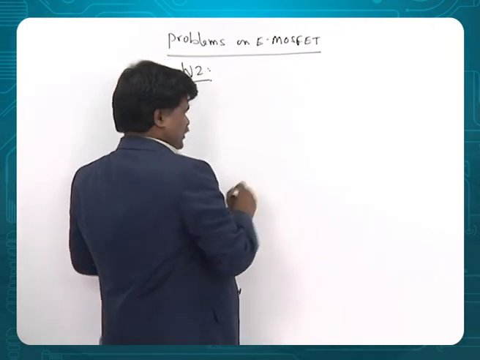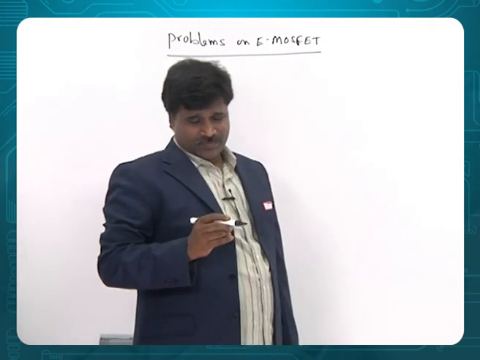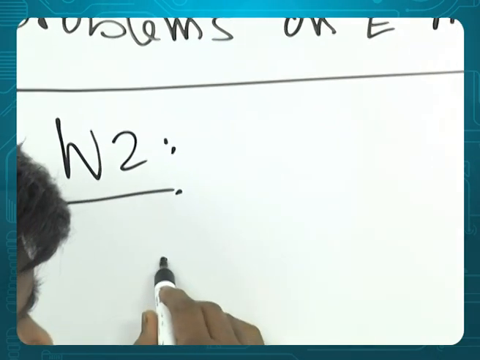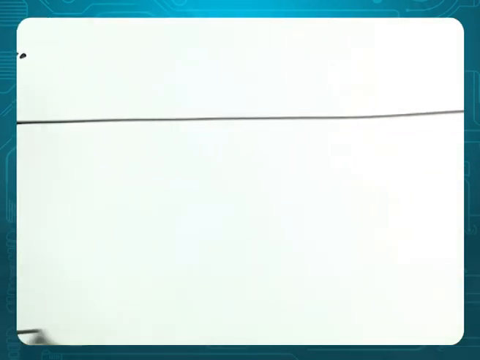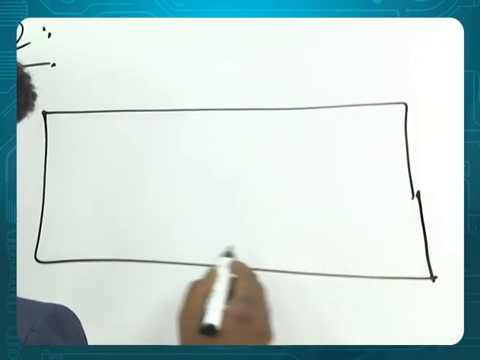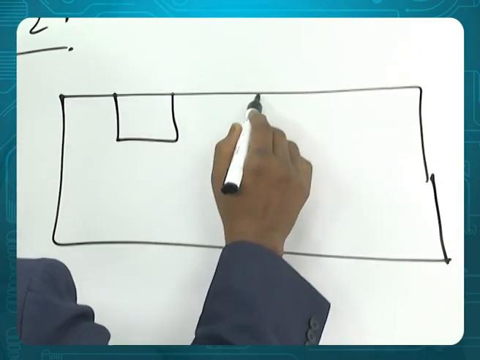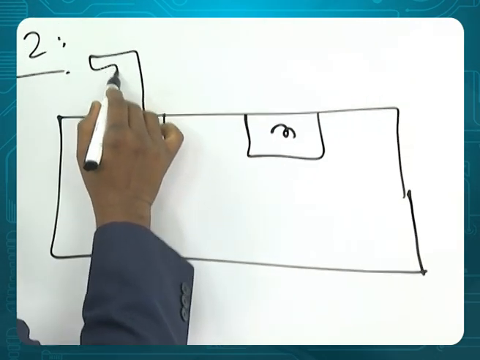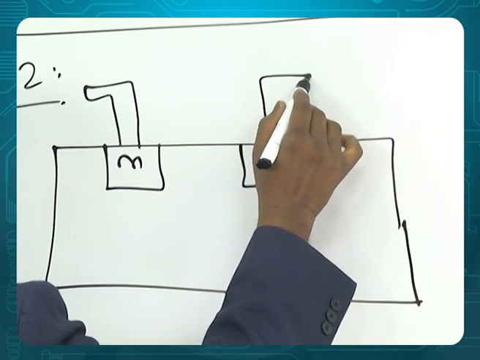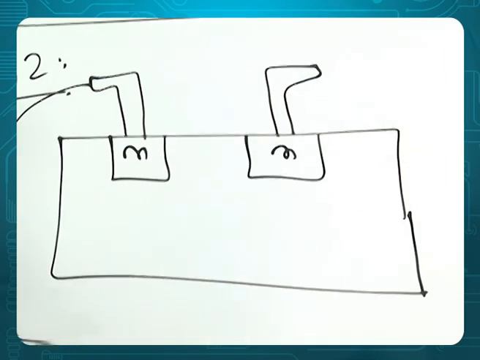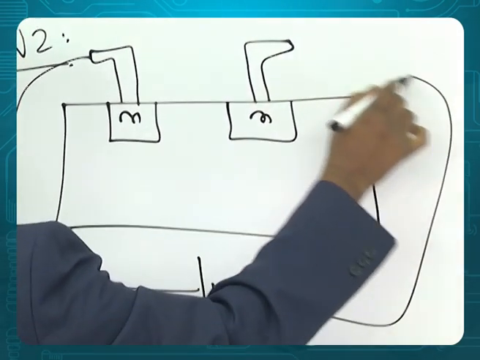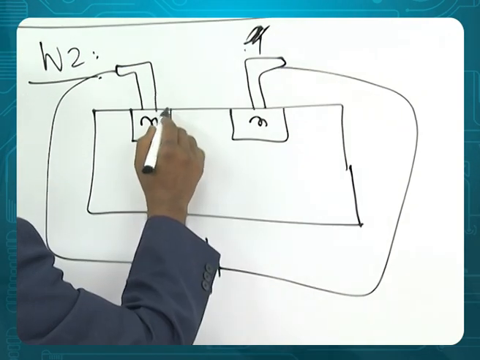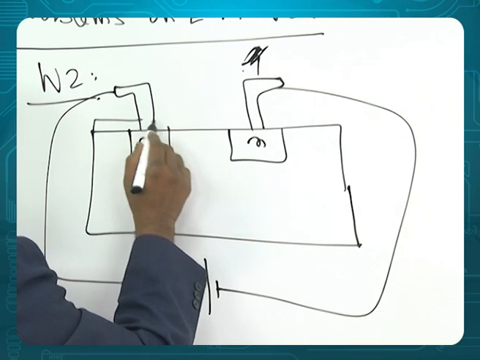If you give gate voltage, the effective length of a channel, for example, you have this is your MOSFET and this is your gate. This is called source and you have silicon dioxide layer.